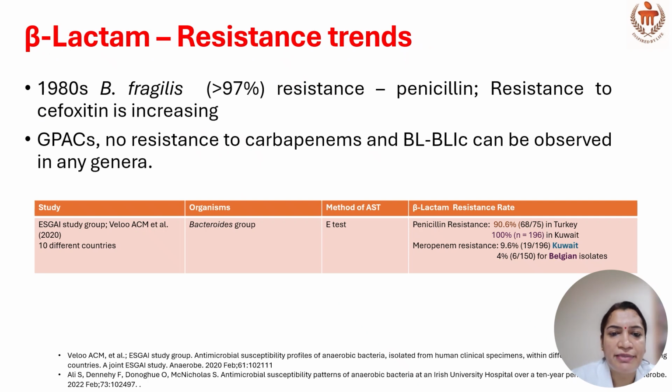This table highlights the study group I was discussing, which involved 10 different countries. There they came across penicillin resistance of 90.6% in Turkey, and 100% of isolates were resistant to penicillin in Kuwait. Meropenem resistance was found to be 9.6% in Kuwait and 4% in Belgium.